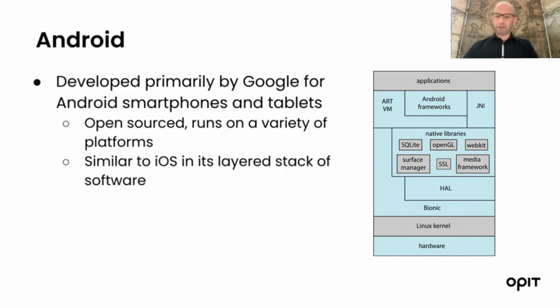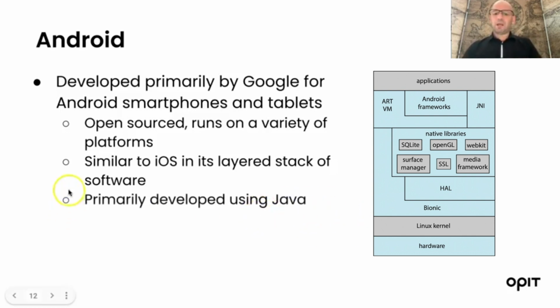So we can see over here on the right-hand side that up at the top we have our applications. And interestingly enough, you can see that the Android stack includes a Linux kernel, or it's a modified Linux kernel before accessing the hardware. And it's primarily developed using Java.